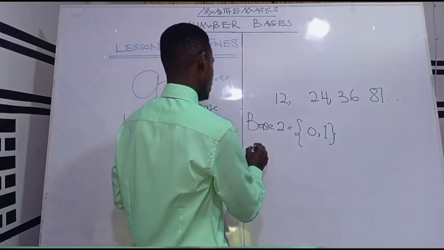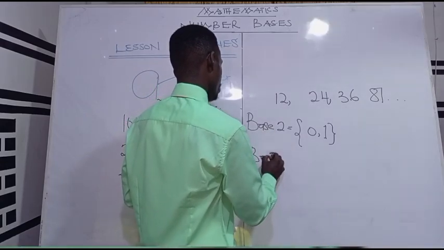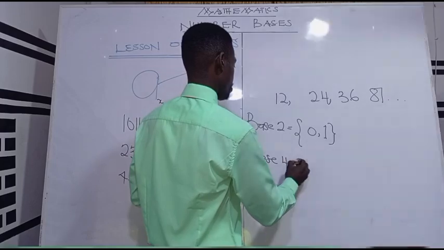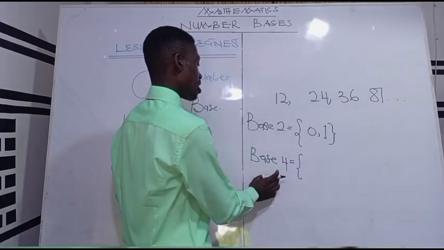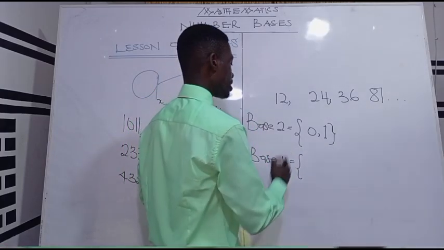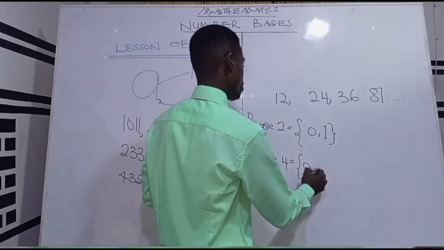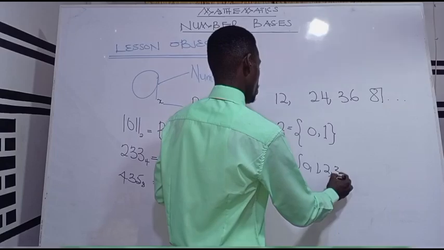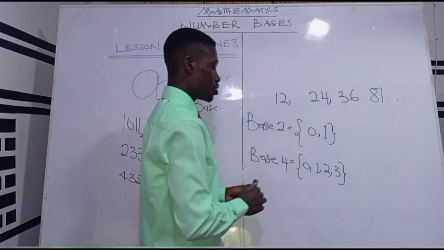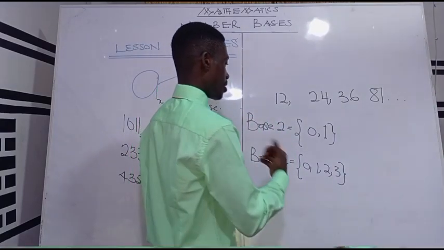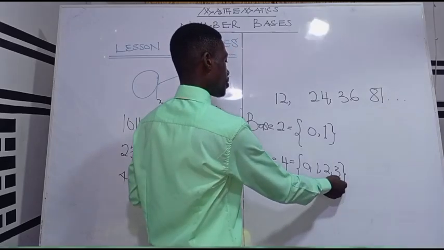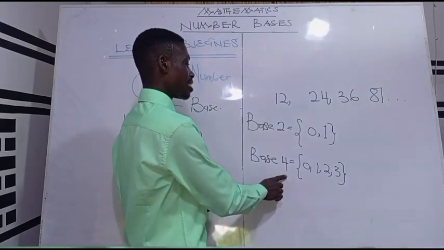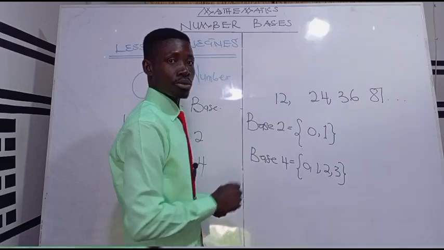So when you have a base 4 numeral, a base 4 numeral has 4 digits starting from 0, 1, 2, 3. So you can also see here that the highest digit, which is 3, is 1 less than the base itself, which is 4.